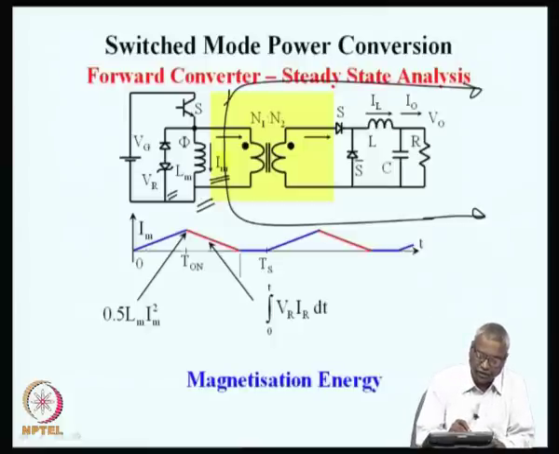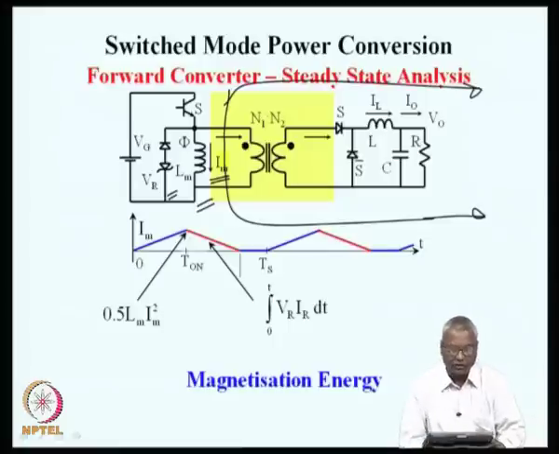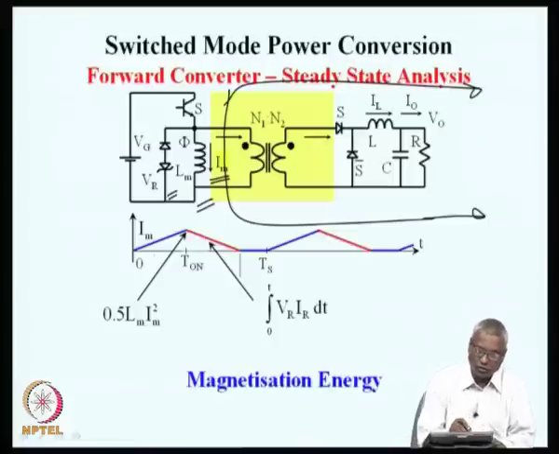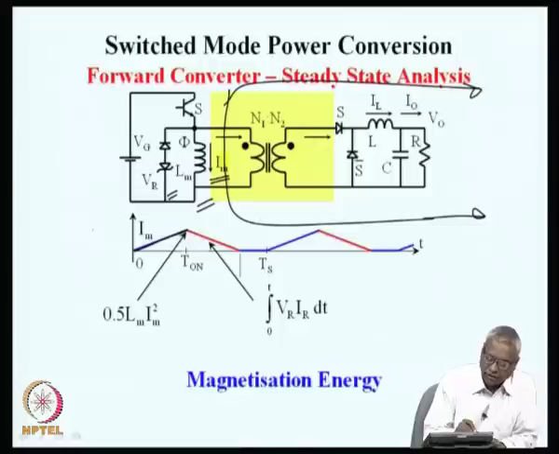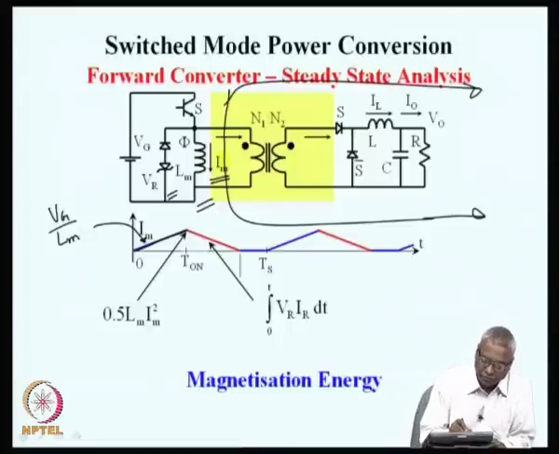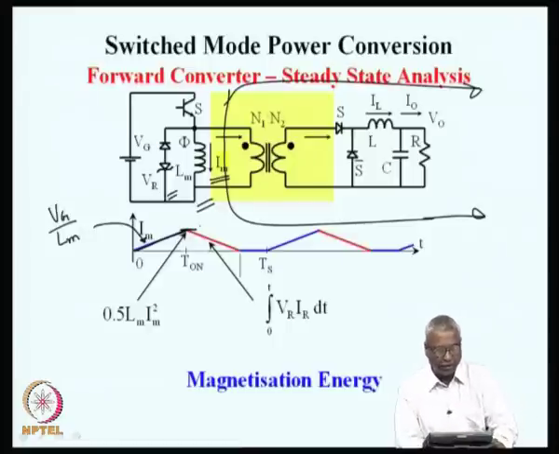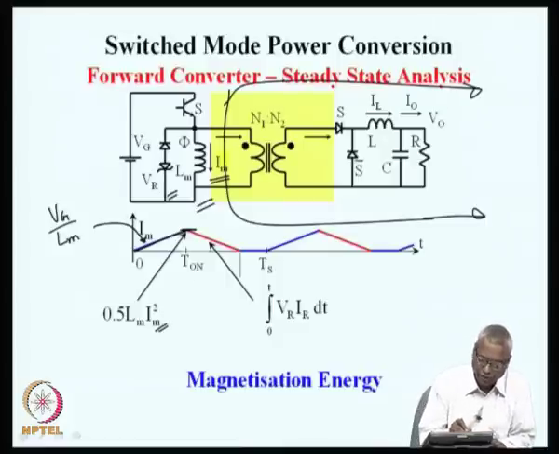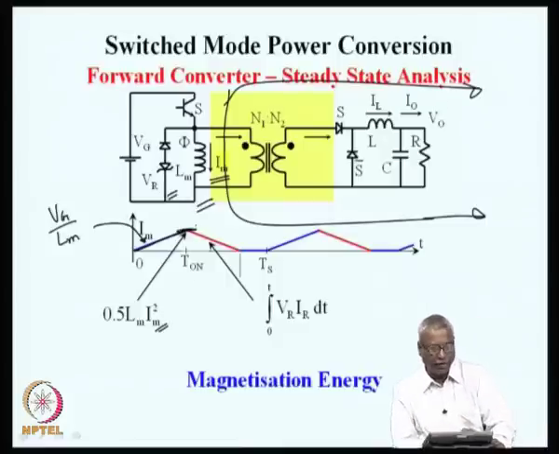So, during the on time, the magnetization inductance Lm is subjected to a supply voltage of Vg, and so the magnetization current is a linear ramp increasing at the rate of di by dt equal to Vg divided by Lm, and at the end of the on time there is a peak current reached, shown as Im peak.